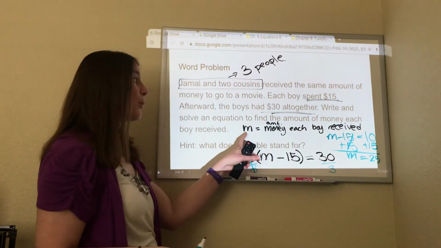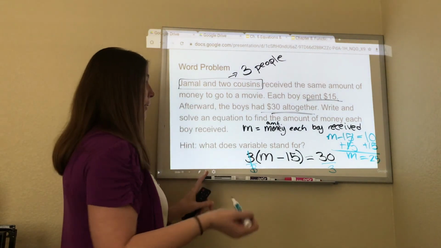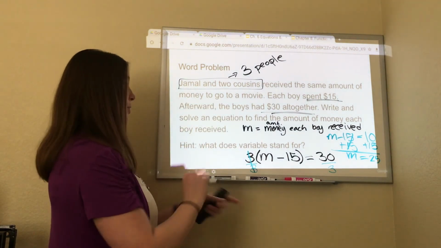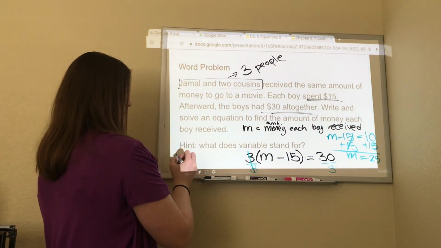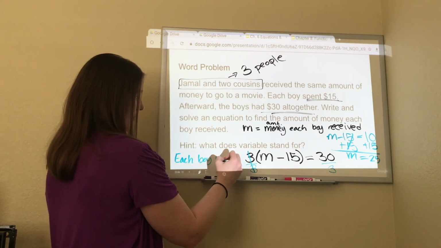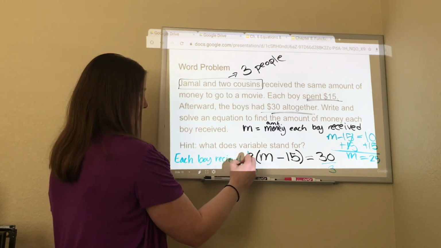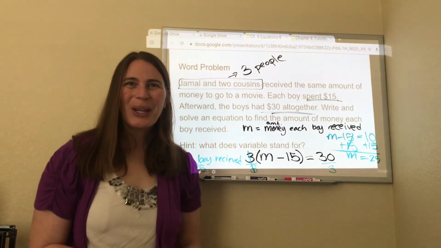So each person, or each boy in this case, started with $25. So write and solve the equation to find the amount of money each boy received. I would write each boy received $25.